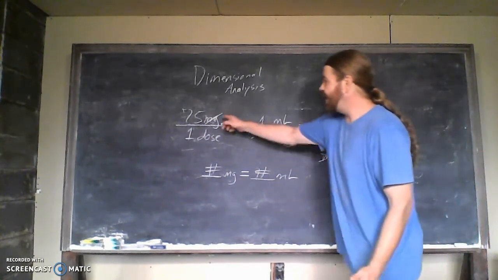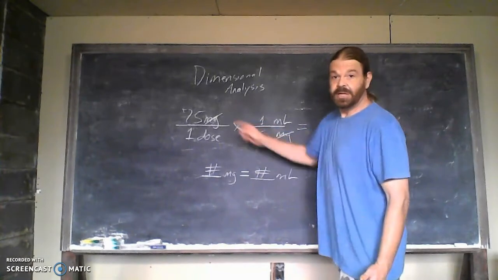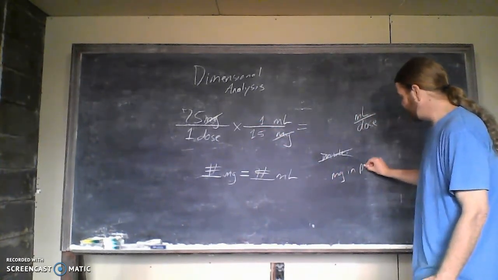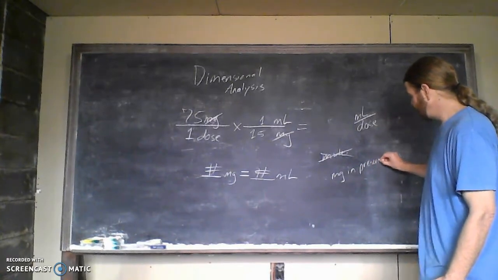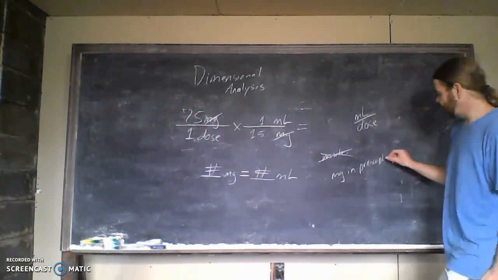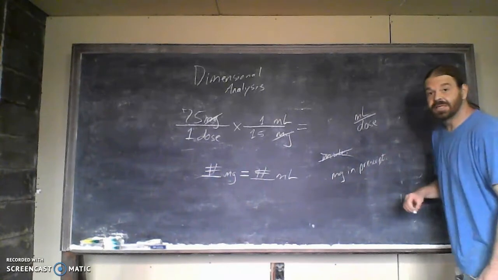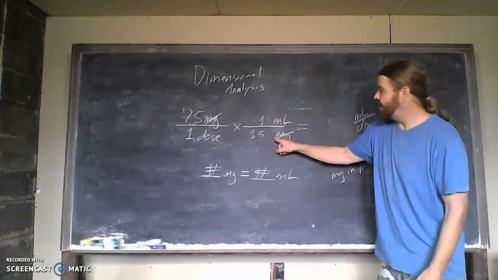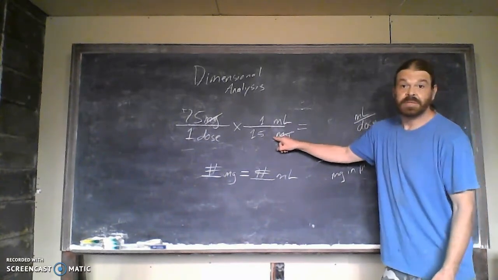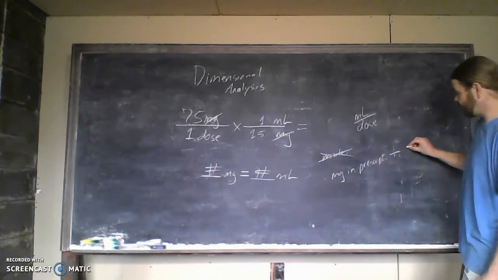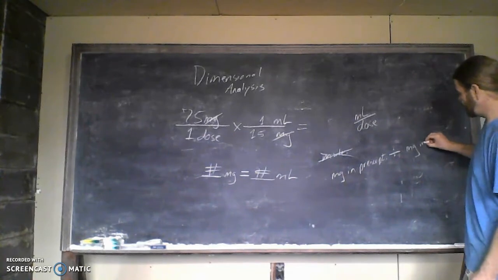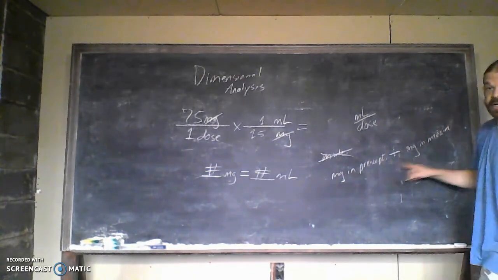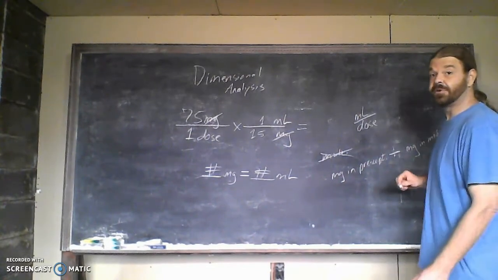We can just divide the milligrams in the prescription, I'll abbreviate it a little, the milligrams in the prescription divided by the milligrams in the medicine. So that'll be the formula we need to do this conversion.